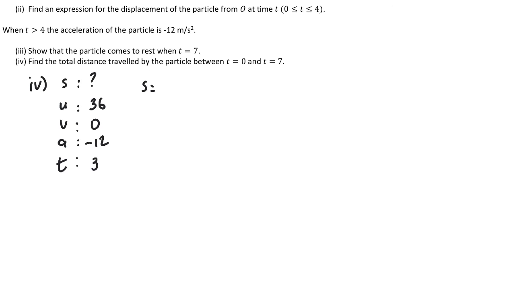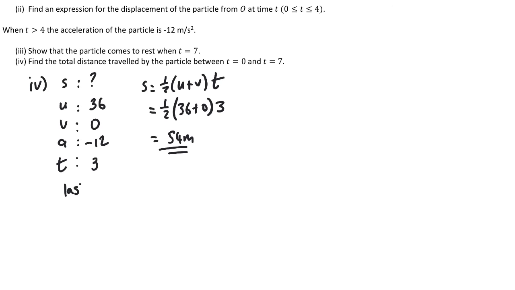So let's use s = ½(u + v)t. So that's going to be a half of 36 plus 0 times 3, which is 54 meters. So in the last 3 seconds, it travels 54 meters.